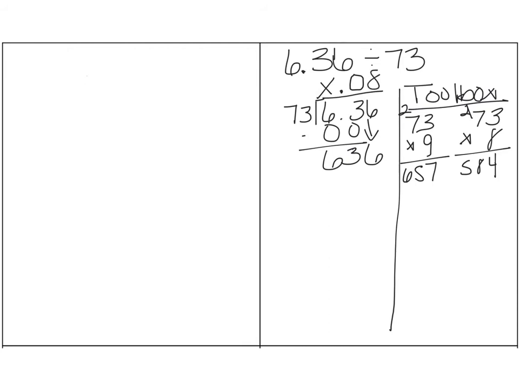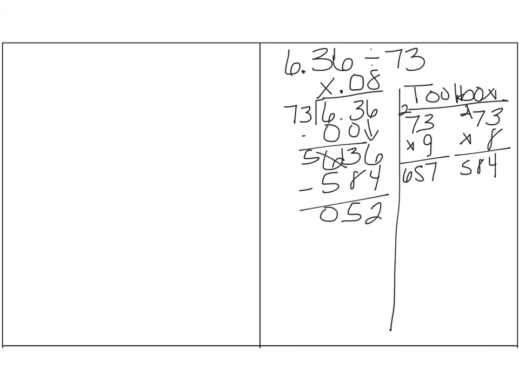8 times 73 is 584. Subtract. 6 minus 4 is 2. Can't do 3 minus 8, so I've got to borrow. So the 6 becomes a 5, and the 3 is a 13. 13 minus 8 is 5. That's a 0. So here's the thing.